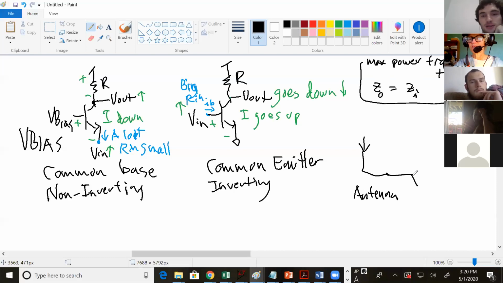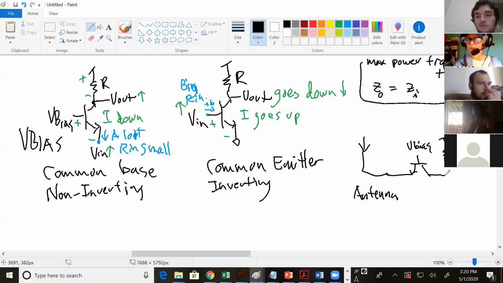Actually, let me draw it this way. So when you're trying to get a signal off of an antenna, this allows you to match impedance with the antenna and get your maximum power transfer.